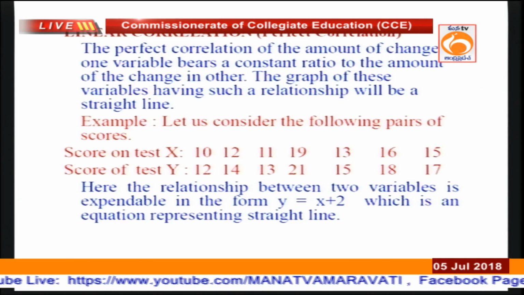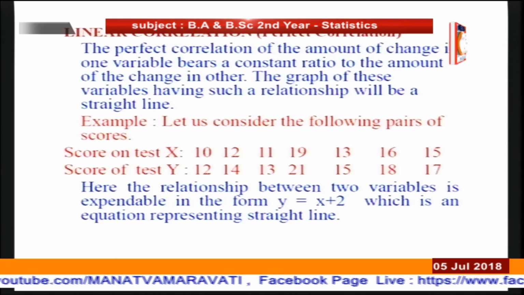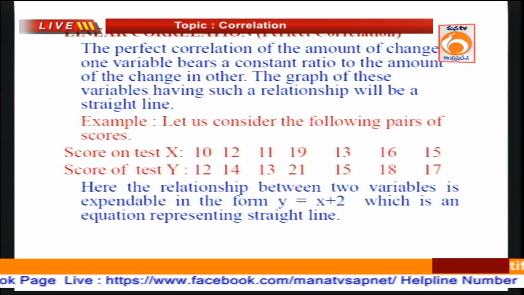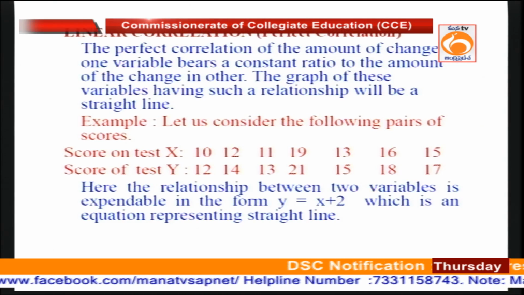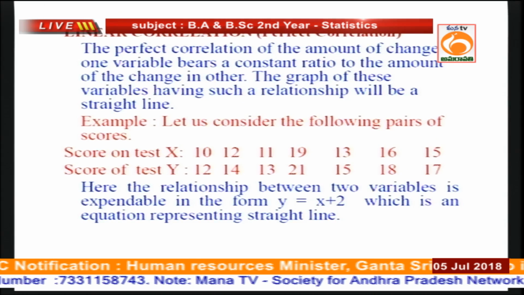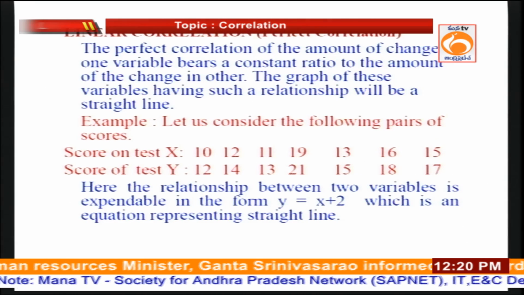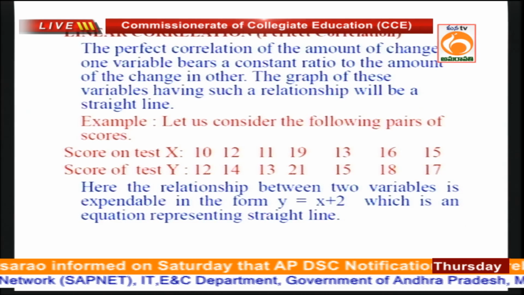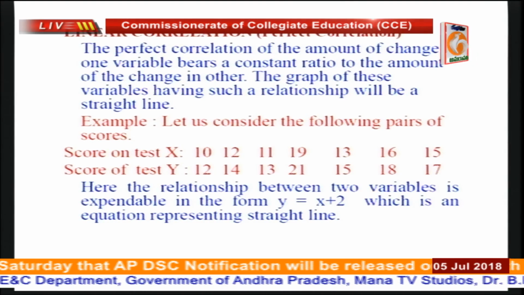Y is equal to 2x here. In another example, let us consider the following pairs of scores. Scores on x are 10, 12, 11, 19, 13, 16, 15. Scores on y are 12, 14, 13, 21, 15, 18, 17. By keen observation of the y values, there is some relation between x and y.